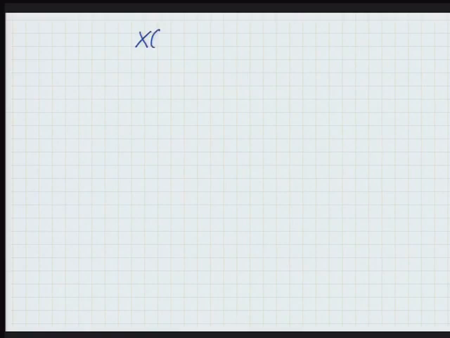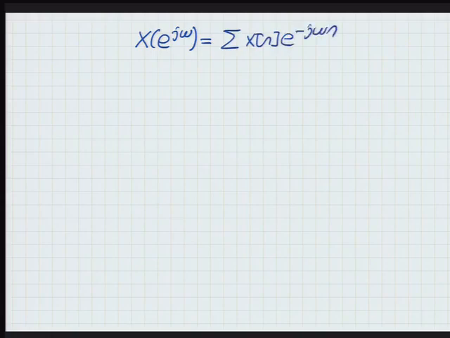Remember the analysis equation, which said the DTFT comes from this summation, x of n e to the negative j omega n, and then take the derivative of both sides of this equation by omega and see what happens.